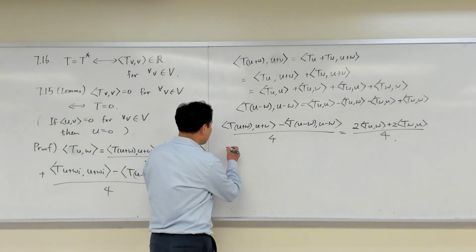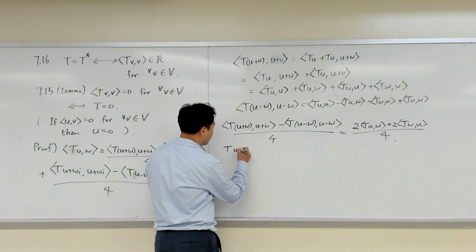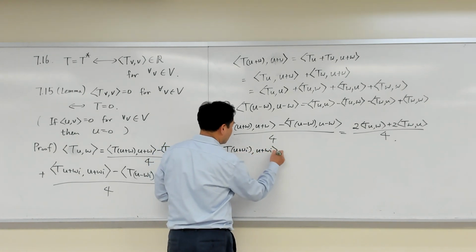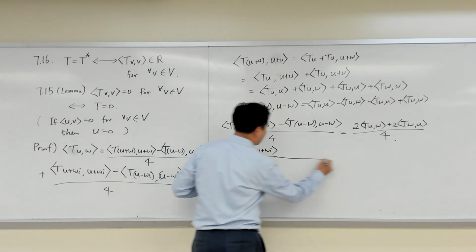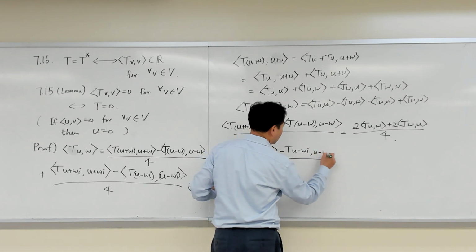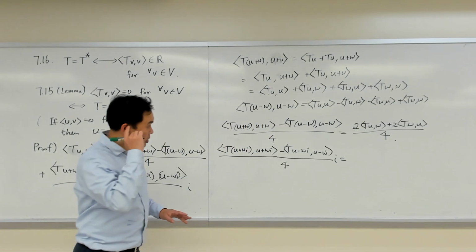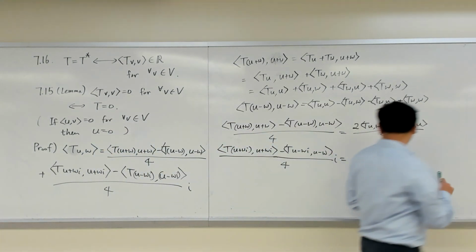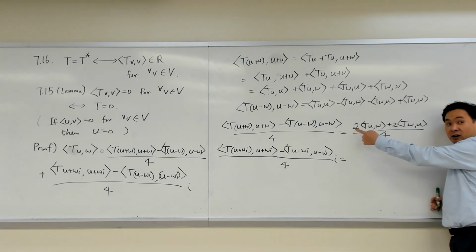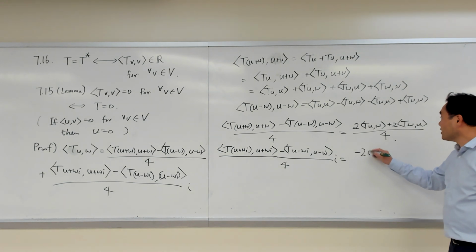So I can copy this first result, to have just w replaced by wi. Now with wi, when i is in the second argument, the conjugate comes out, right? So you get negative 2i.